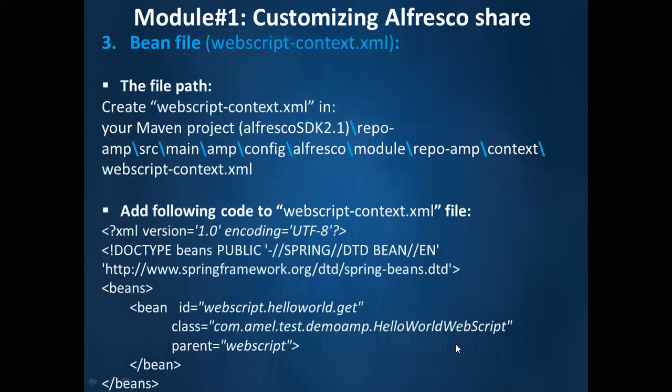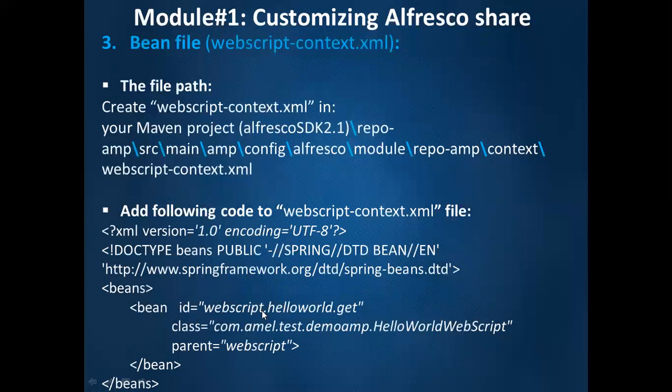Let's try to understand this code. Inside the beans tag, you will have another bean tag, and you will give the ID name. You need to remember that this ID name is composed of two parts.